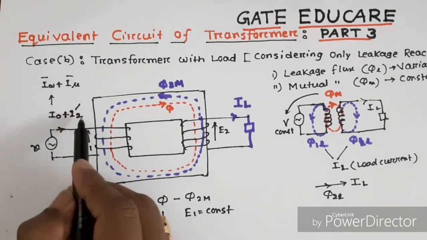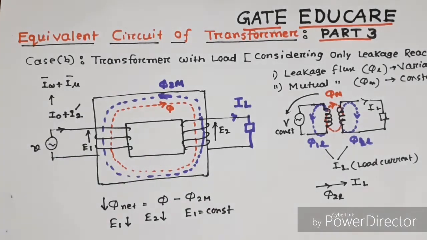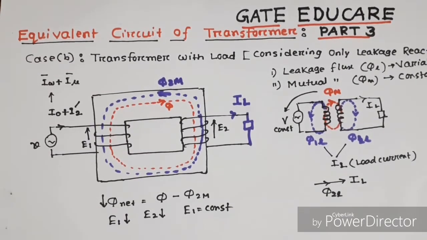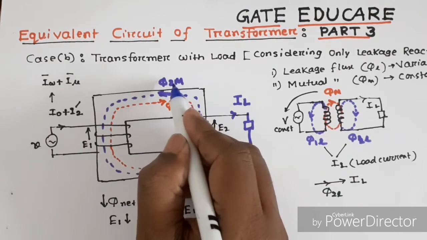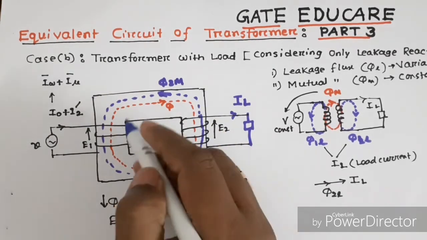Now, this I2 dash will again produce a flux which will oppose the phi 2m and is of the same magnitude as phi 2m.